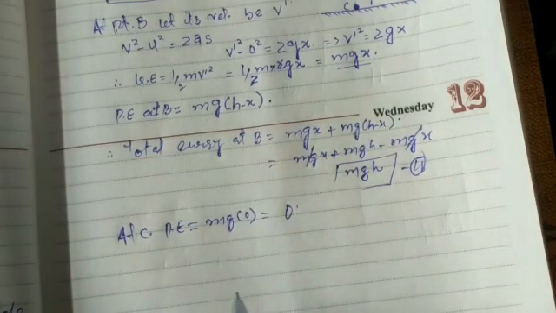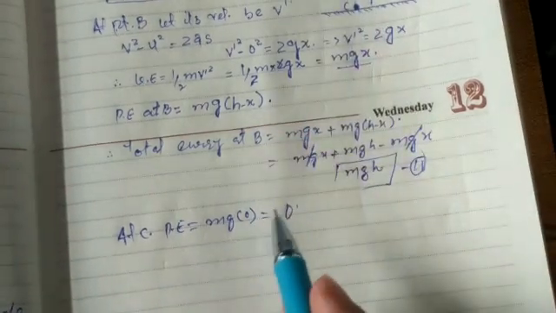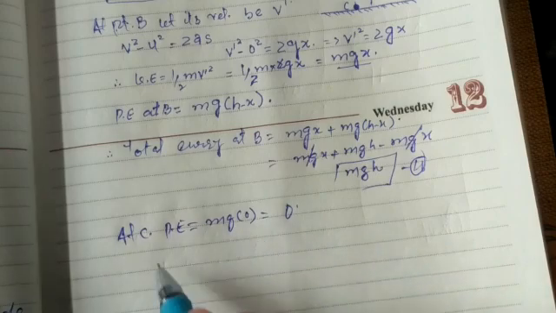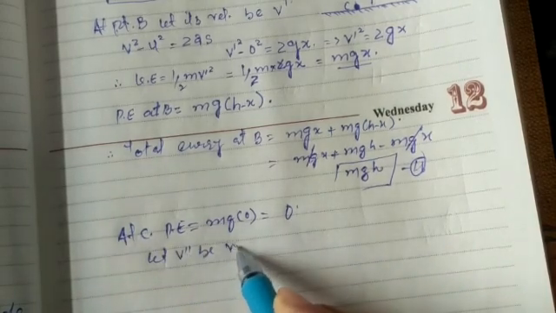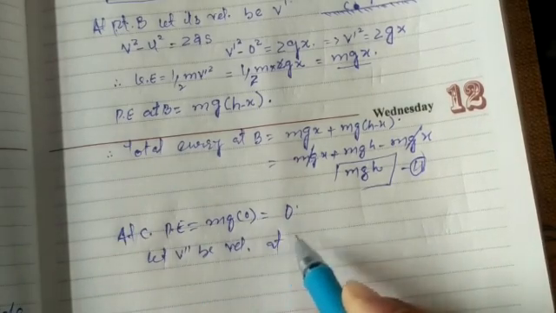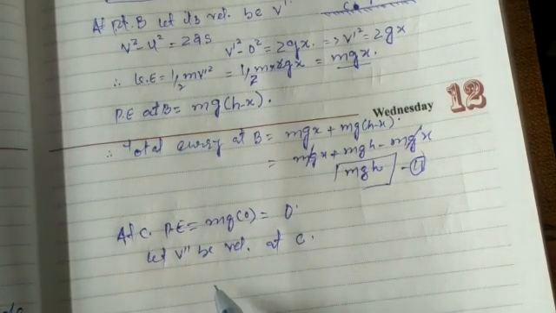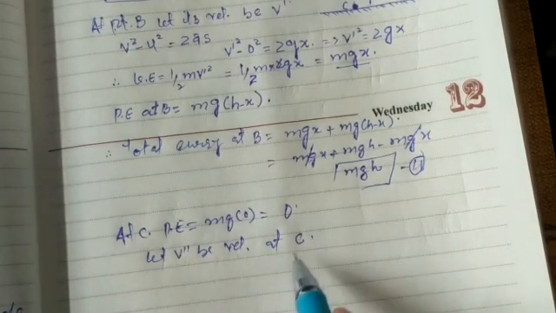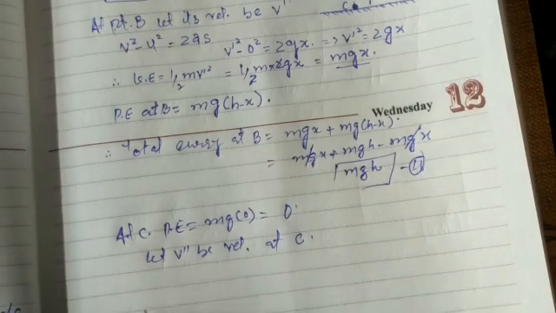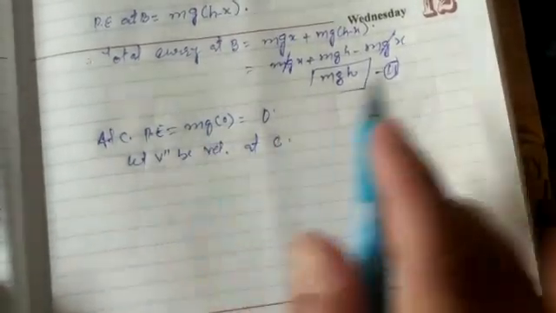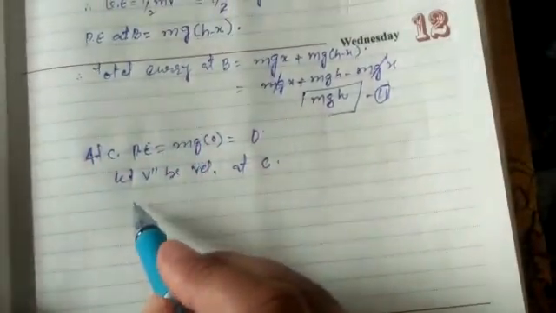There is no potential energy. But let the body have some velocity v double dash. Let v double dash be the velocity at C before touching the ground. We calculate it by using the equation.